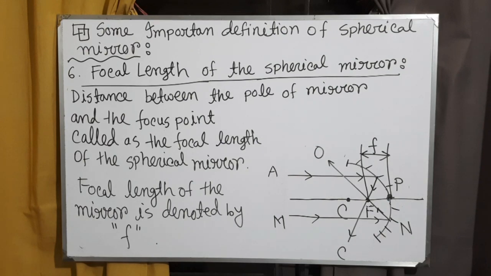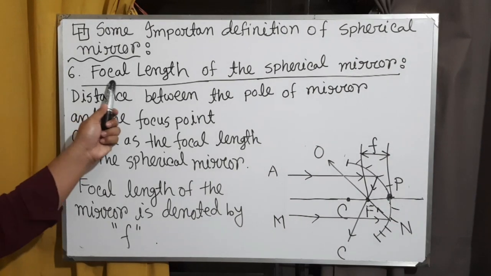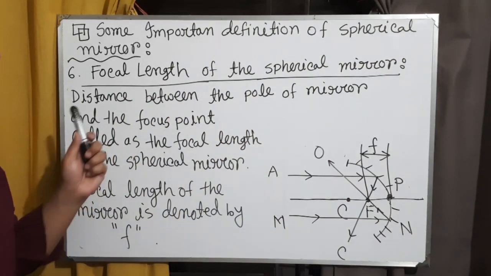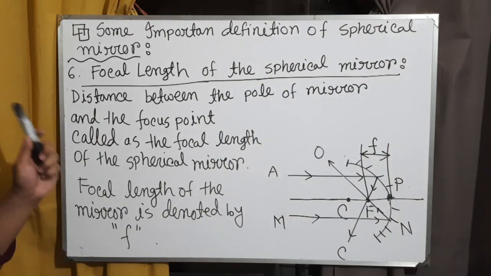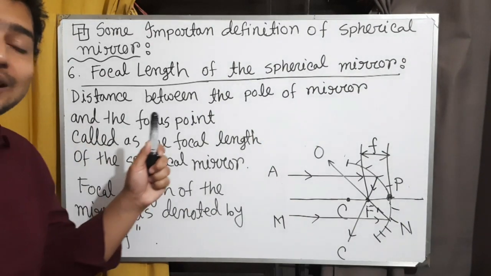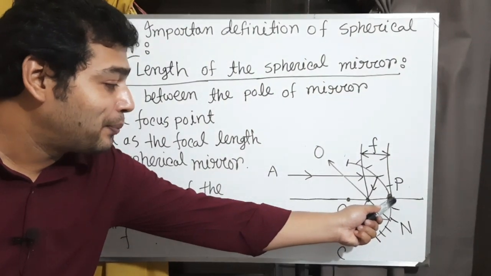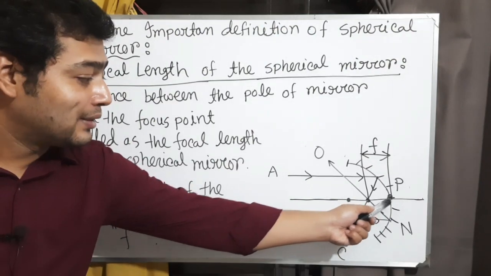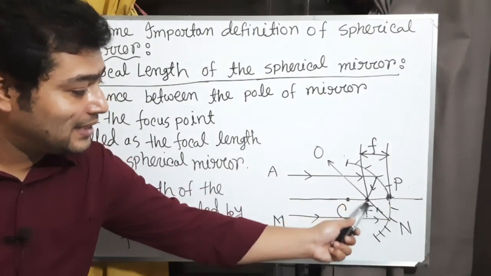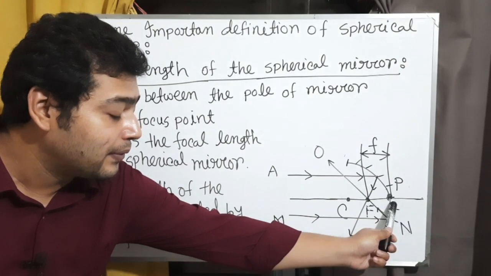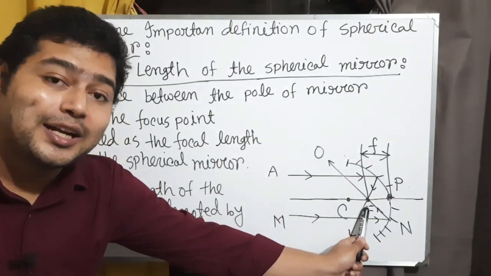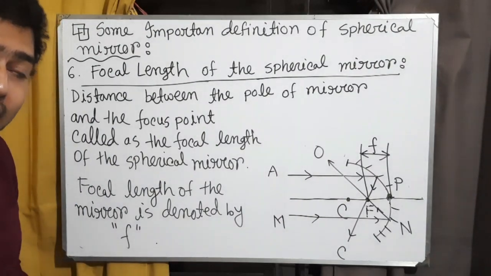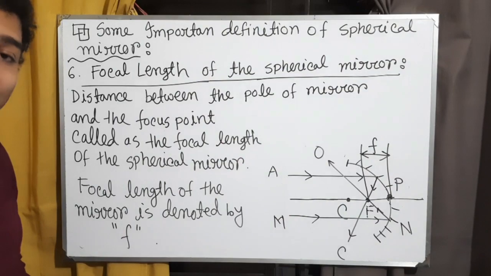Our last definition is the focal length of the spherical mirror. This is a very important definition. The answer is: the distance between the pole of the mirror and the focus point of the mirror is called the focal length of the spherical mirror.